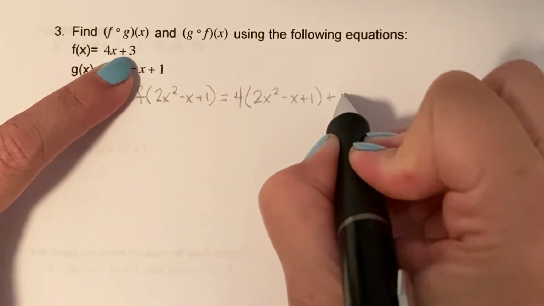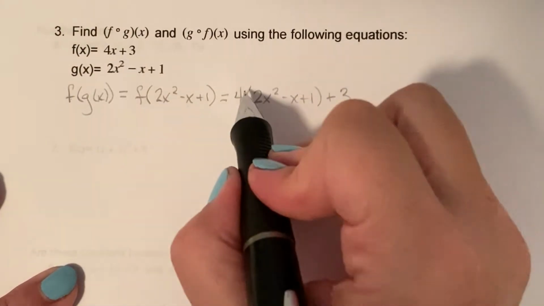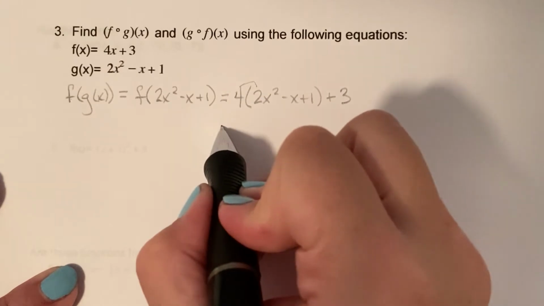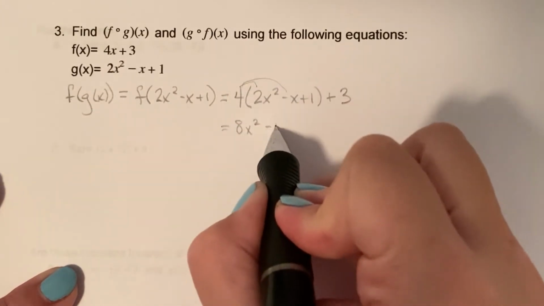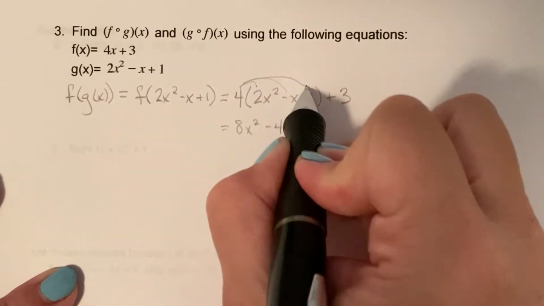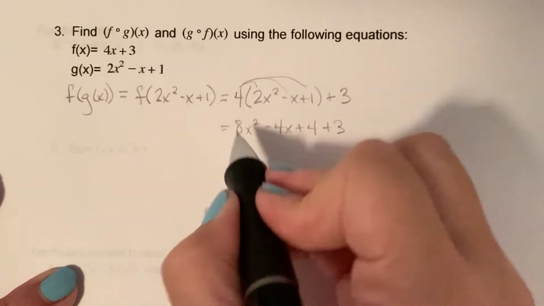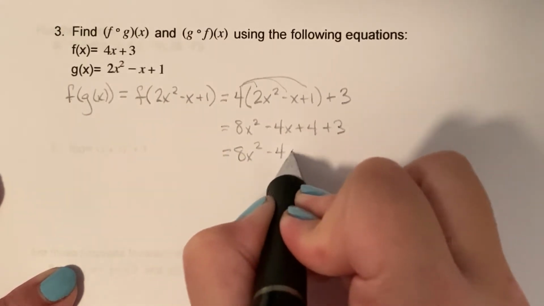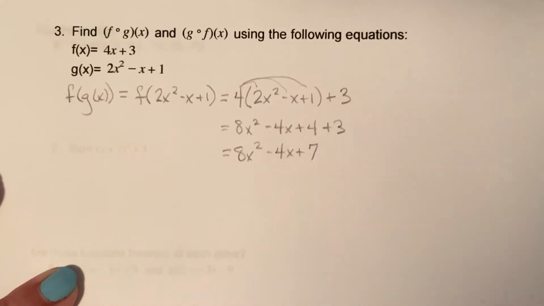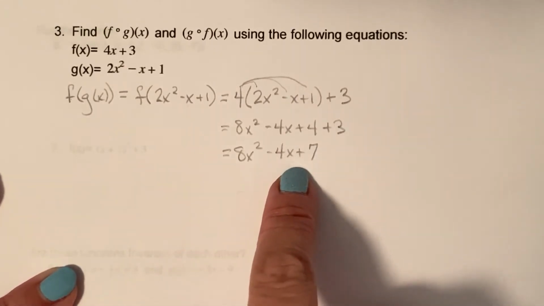And then finish off the f function. Okay, now you simplify, so we'll have to distribute first. And then finish off. And now combine like terms if possible. Okay, so that is our f of g of x function.